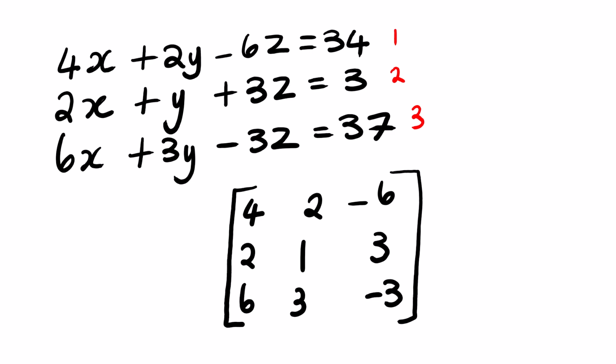This will be our matrix. It doesn't consist of the results. When I say the results, I'm referring to these numbers. We only take the coefficients of x, y, and z. Suppose this is matrix A.